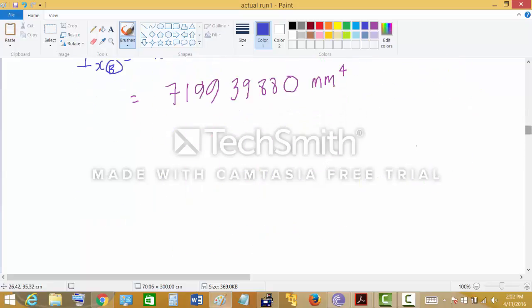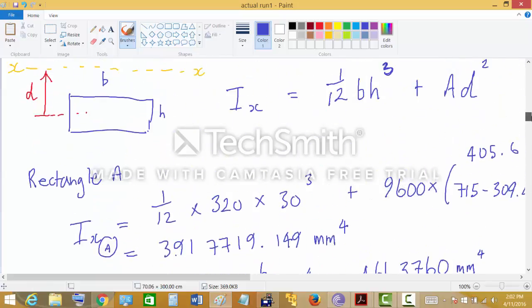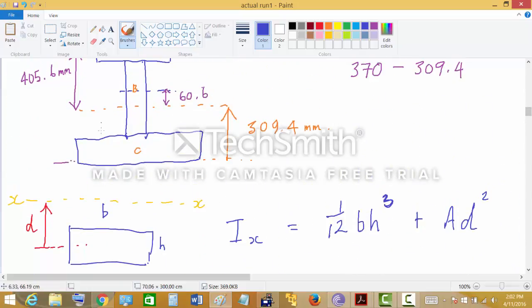Second moment of area for area B, and now the second moment of area for area C. Now this time area C is below the centroid, so we're looking at the distance from here, that distance there to the centroid, and it can be a negative number.